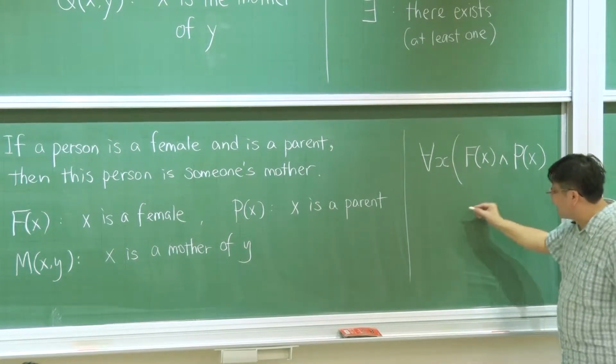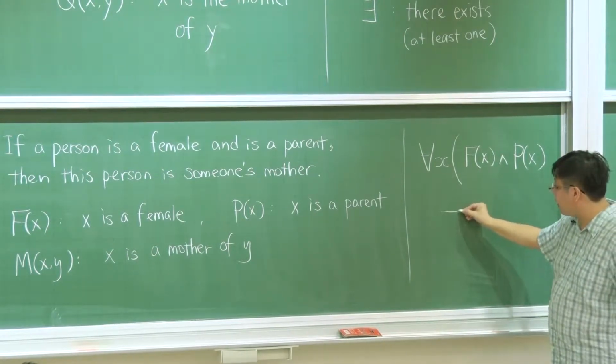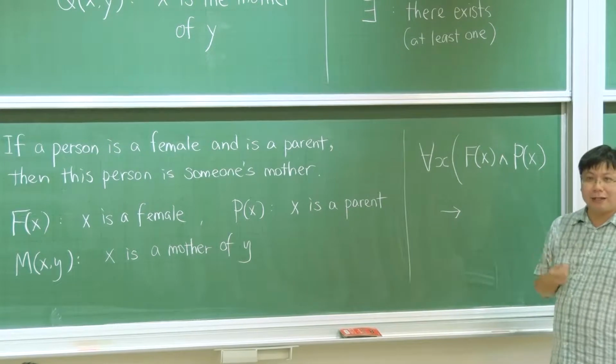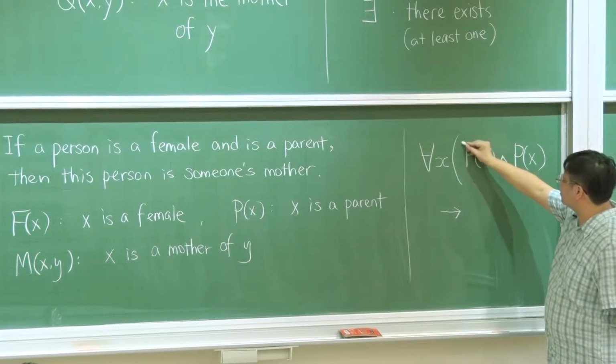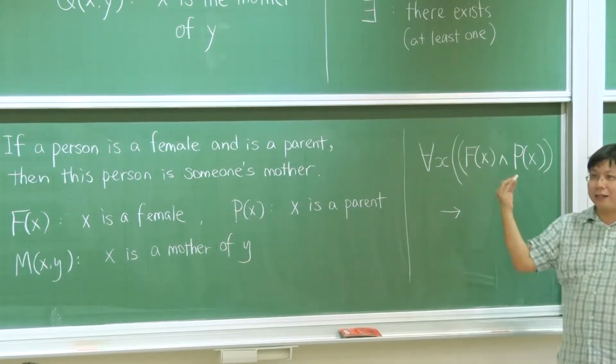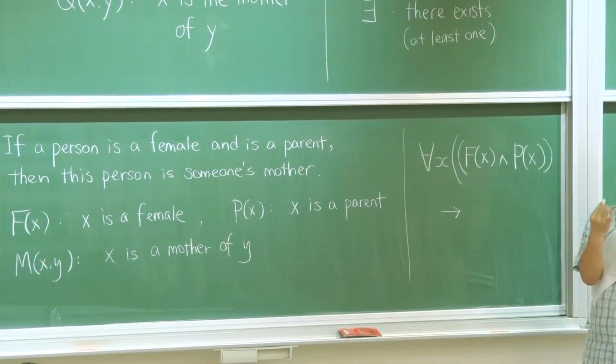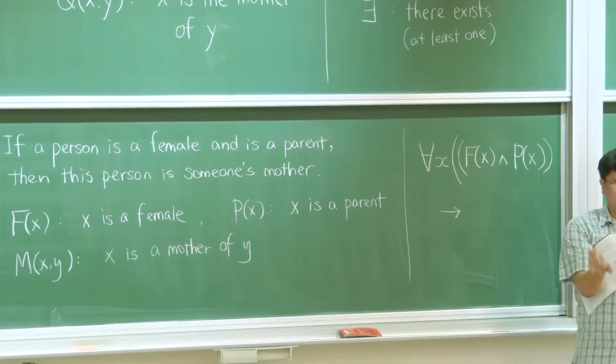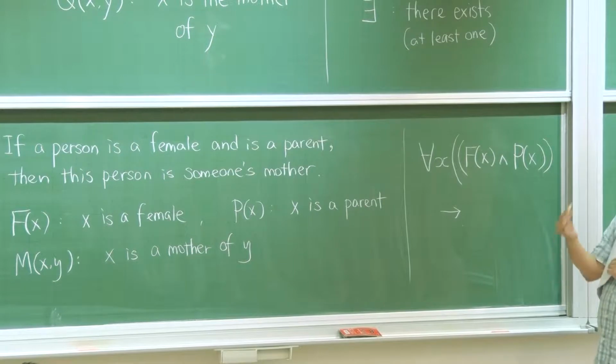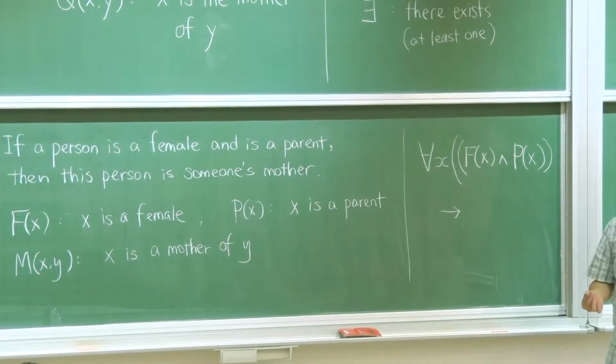Then, okay, this is then. If, then, right? So make a bracket here as well, okay, together. So that if x is a female and x is a parent, then what? This person is someone's mother.